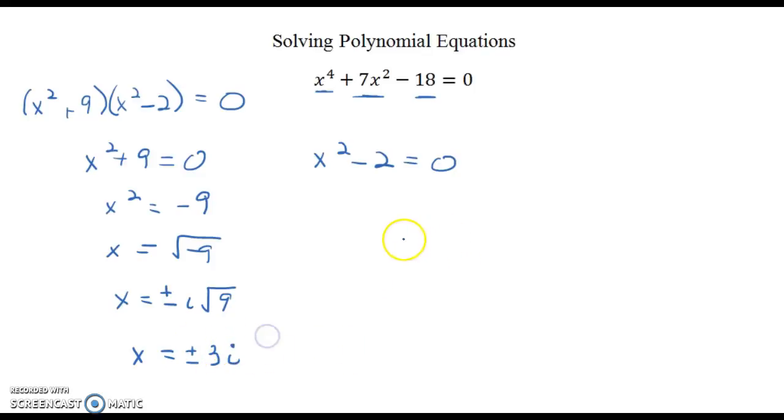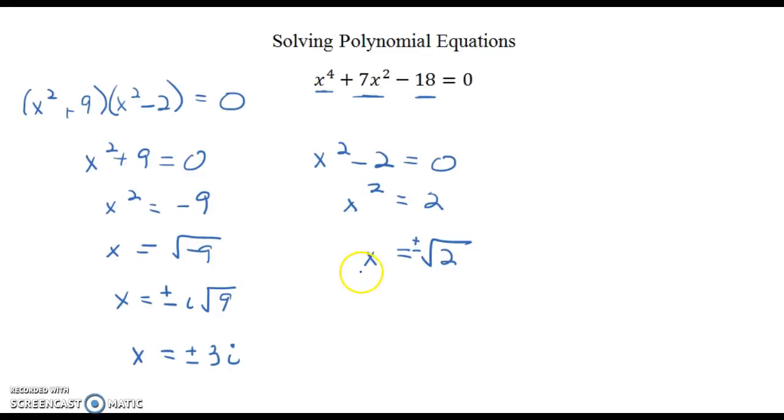Okay, so hopefully you're good on that end. For the other piece, we have x squared minus 2 equals 0. So I'm going to put the 2 to the other side. So I have x squared equals 2, and I take the square root, so I get x equals the square root of 2. But remember, two roots, positive and negative.